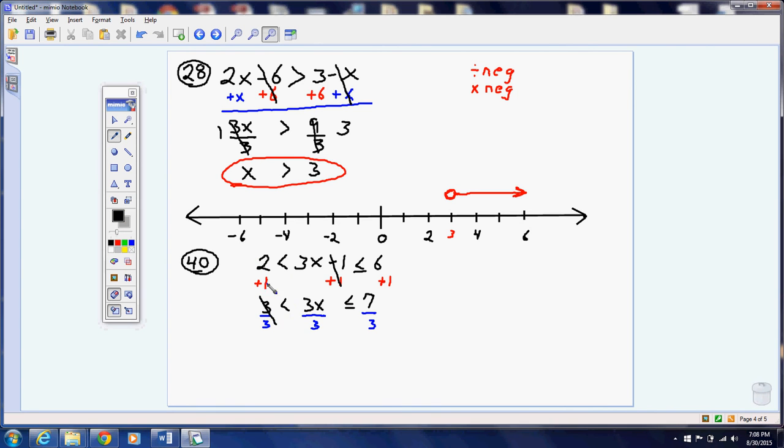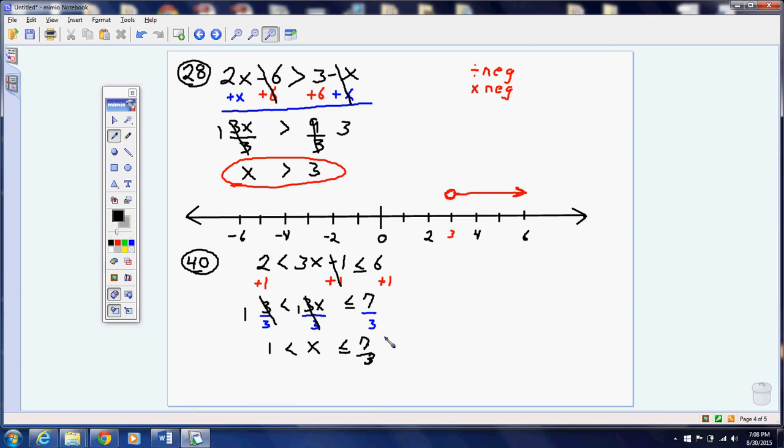Clean this up. 3 over 3 is 1. 3 over 3 again is 1. And then we have 7/3. Let's clean it up a little bit. We've got 1 is less than x, and x is less than or equal to 7/3. We'll just leave that like it is there.